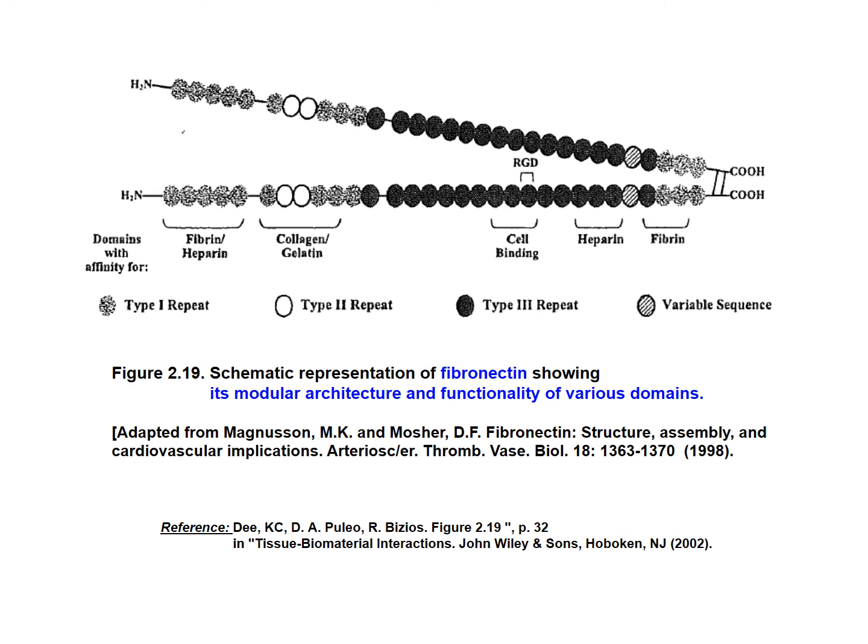In addition, when this protein was studied, people identified certain domains, which of course they labeled appropriately: fibrin heparin or collagen gelatin or cell binding domain, the domain that binds heparin, or fibrin.